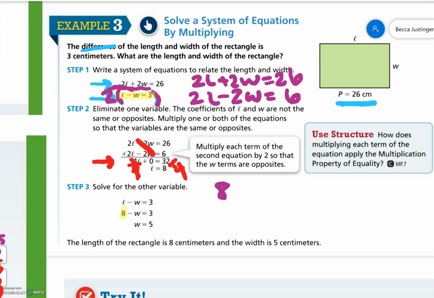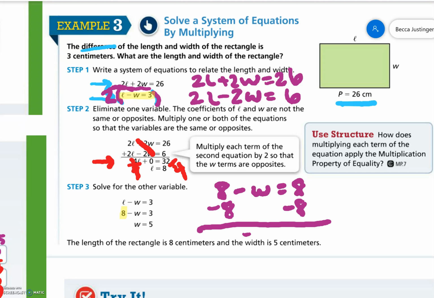They skip some steps. Let me show you them. 8 minus W equals 3. Subtract 8 on both sides. So we get negative W equals negative 5. And we can divide both sides by negative 1. So W equals 5. So the length of the rectangle is 8 and the width is 5.